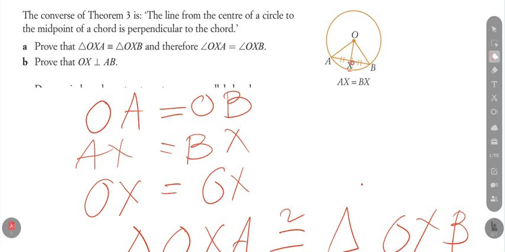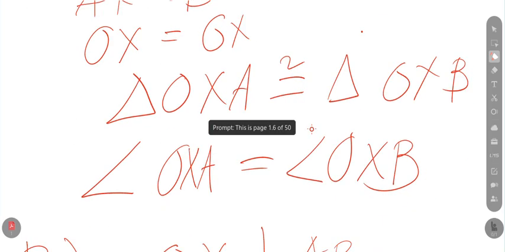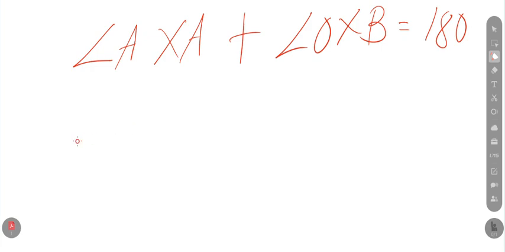And why do we have 180? Because angles on a straight line AB sum to 180.